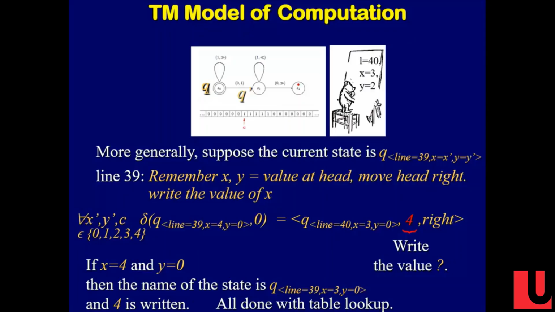So x at the beginning it was 4, and then it changed to 3. Is that because we moved right? We did not move. We're filling in the table. But x at the beginning, like line 39 right there, says x equals 4, and then line 40 says x equals 3.